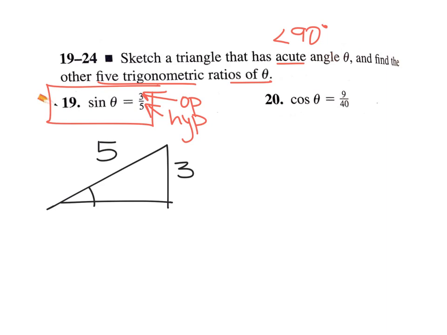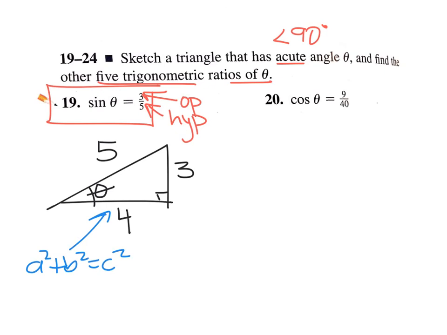It'll show up a lot. So here's our angle theta. I knew to do that because this is the opposite, this is the hypotenuse, and we could use our Pythagorean theorem skills to find this, and we would determine that it is equal to 4.